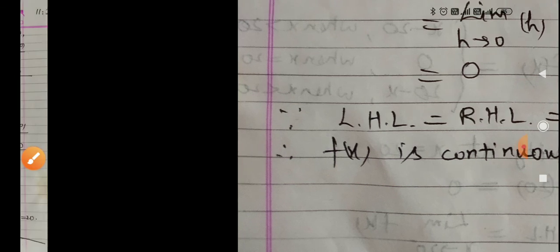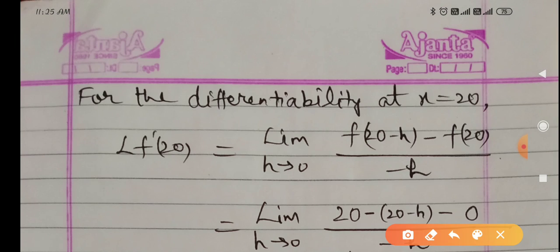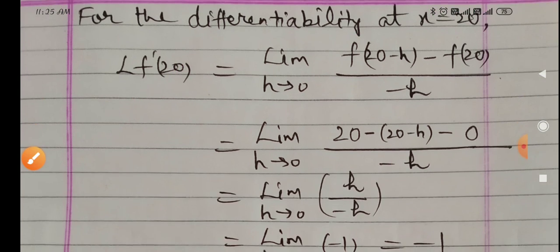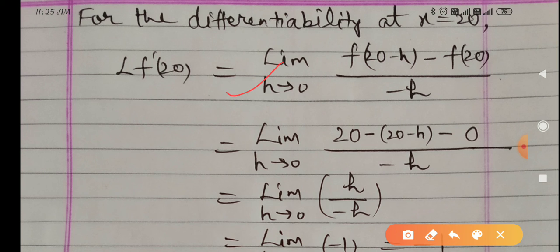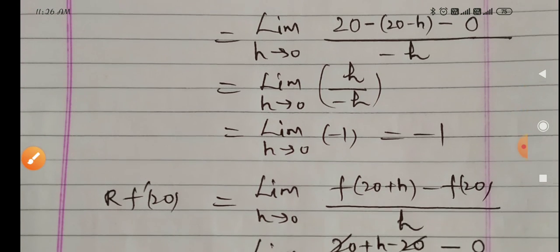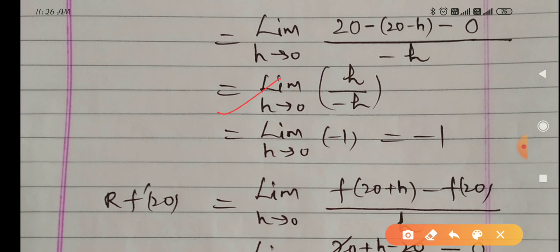Now for the derivability or differentiability at x equals 20, LSD at x equals 20, limit h tends to 0, f(20 minus h) minus f(20) upon minus h. Now in the function you put 20 minus h, 20 minus 20 minus h, and f(20) is 0, upon minus h. Simplify it, limit h tends to 0, h upon minus h, minus 1.